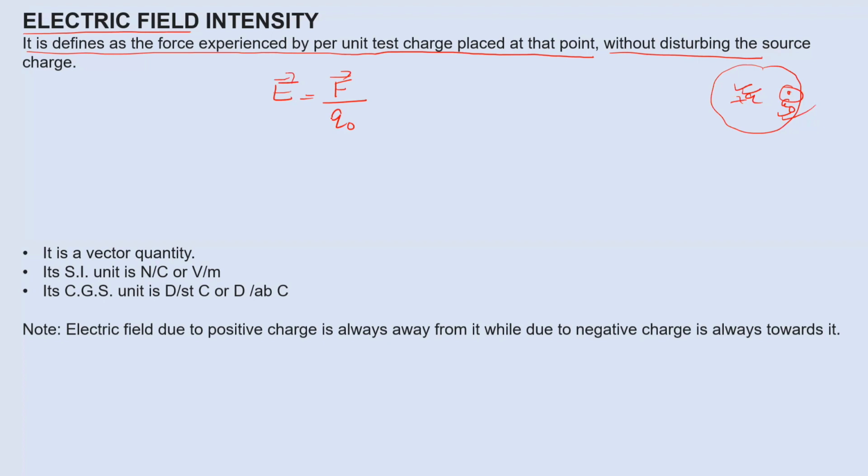Clear? So here, E is the electric field intensity. Q naught is the test charge.